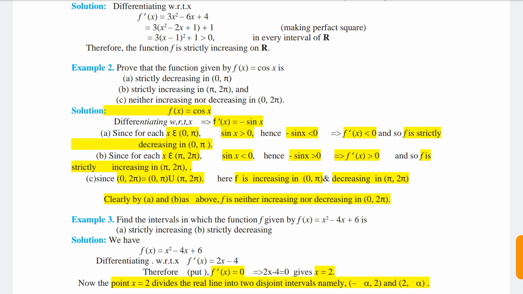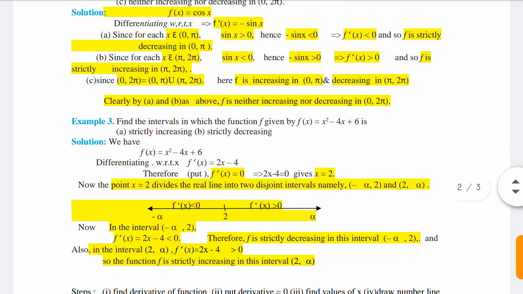So we see that in the whole interval, in one part the function is increasing and in another part the function is decreasing. So we can say that the function is neither increasing nor decreasing in the whole interval 0 to 2 pi. This is the solution.